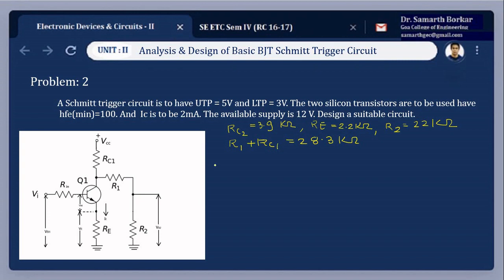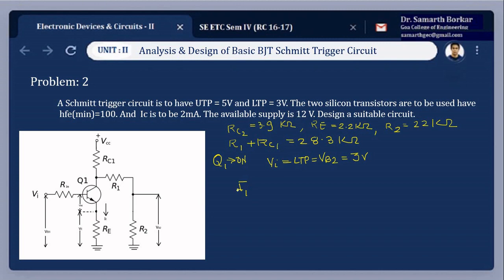This figure shows the circuit condition when Q1 is on. So right now for this particular circuit condition, Q1 is on and Vi is exactly at the LTP. So Vi will be exactly at LTP, which is nothing but the voltage at the base terminal of transistor Q2, and it is specified in the problem statement to be 3 volts. Now to determine the LTP of a transistor Schmitt trigger circuit, Q2 is assumed to be off and the level of Vi calculated, that will give VB2 equals Vi. So you have to remember this statement. So with that we'll proceed.